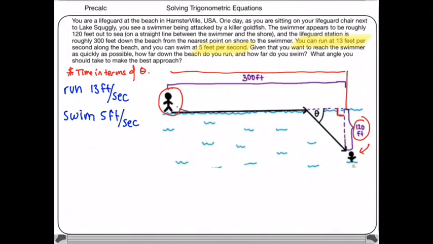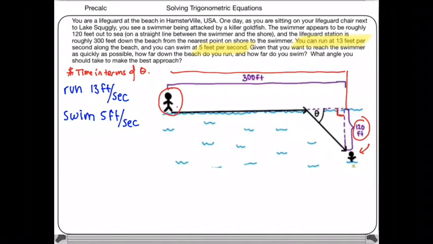So if the person just dove right in, that would go pretty slow because they can only swim at 5 feet per second. And they don't want to go all the way down either, perpendicular to the person and then dive in, because you would be running for too long.